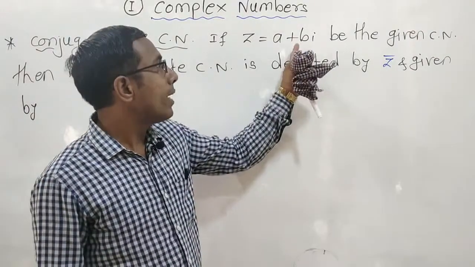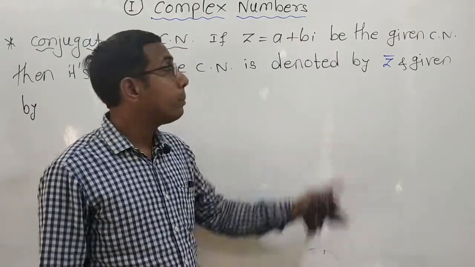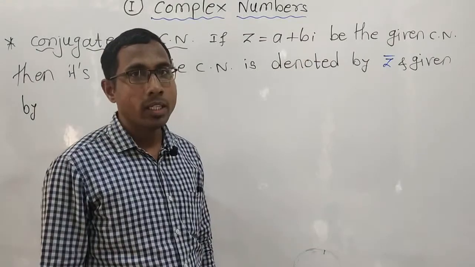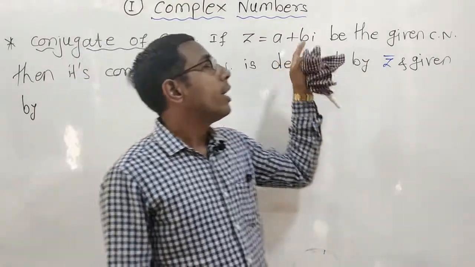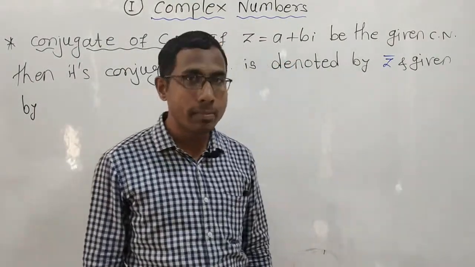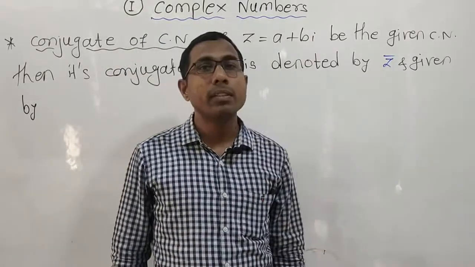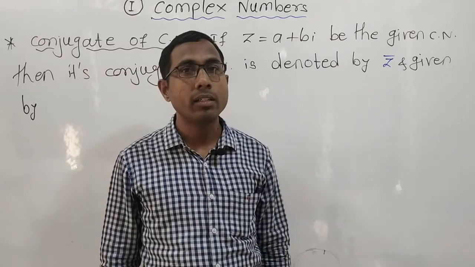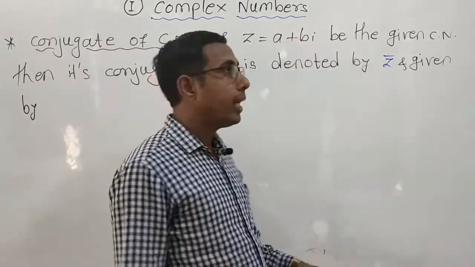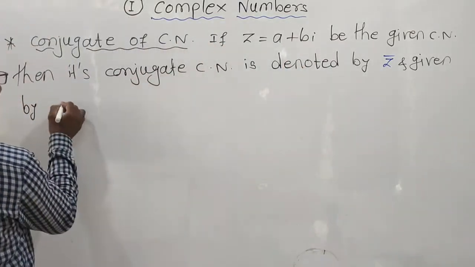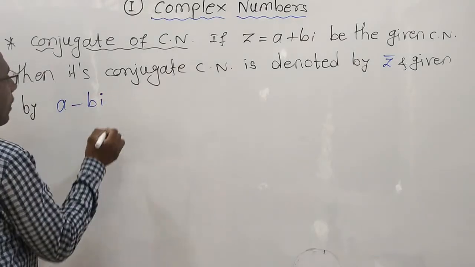Now what is the imaginary part in this complex number? The imaginary number is bi and the imaginary part is plus b, with sign. Now if I reverse the sign of its imaginary part, it becomes minus b, and the conjugate is given by a minus bi.